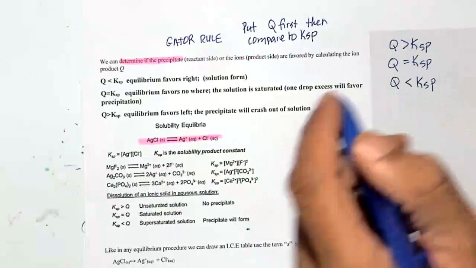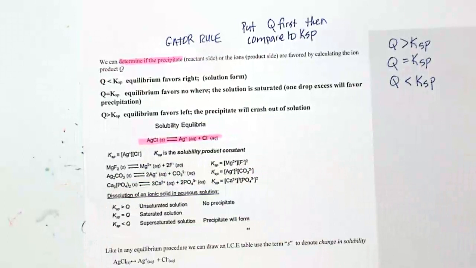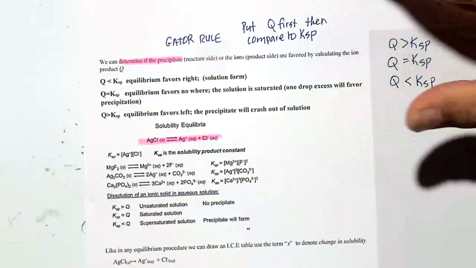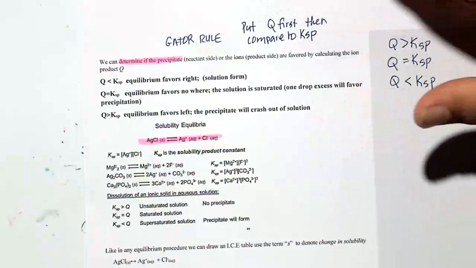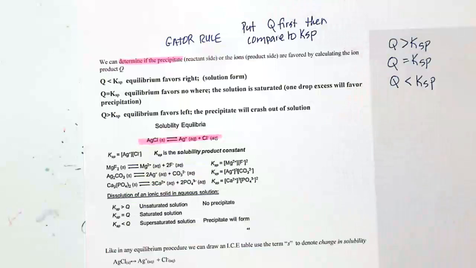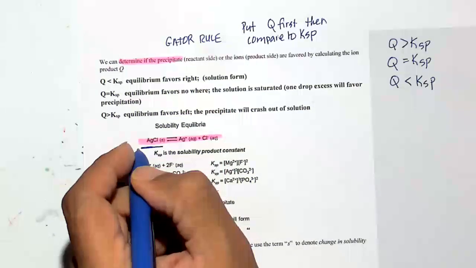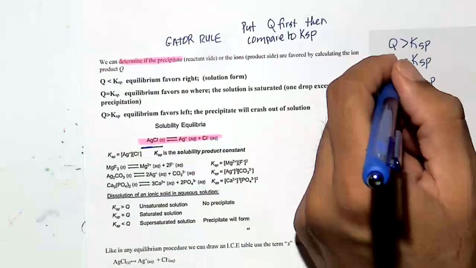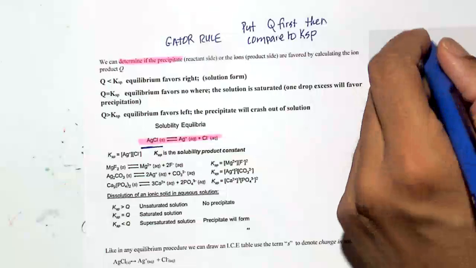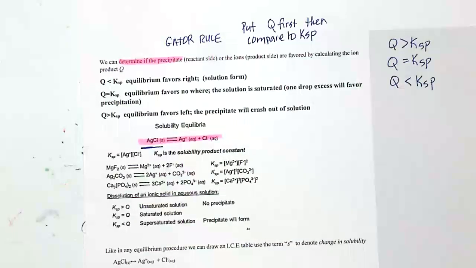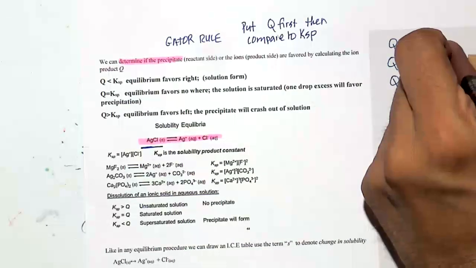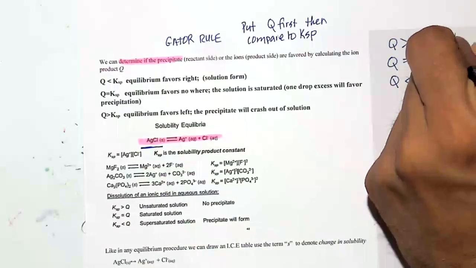What happens if you calculate Q and it's greater than KSP? Where are the alligator jaws pointing? To the left. So will you get a solid formation? Will you get a precipitate? Yes. So put Q first, and you will get a precipitate. I'm going to call precipitate PPT.